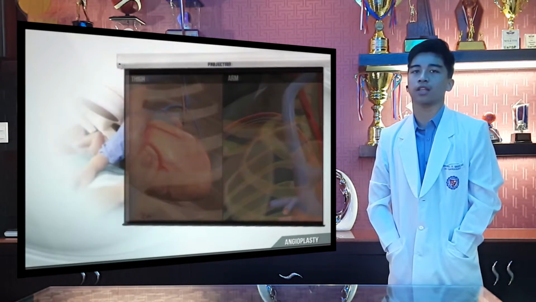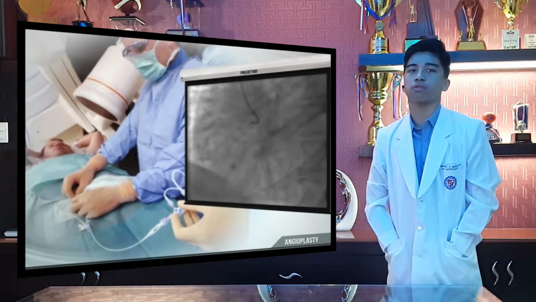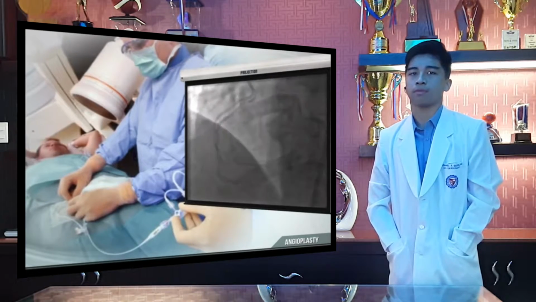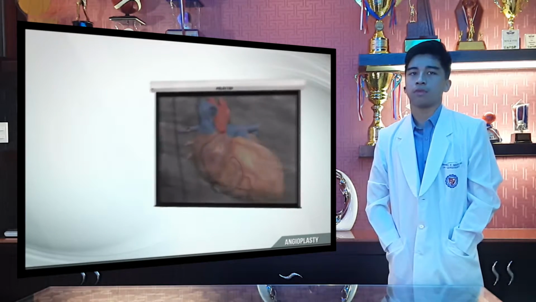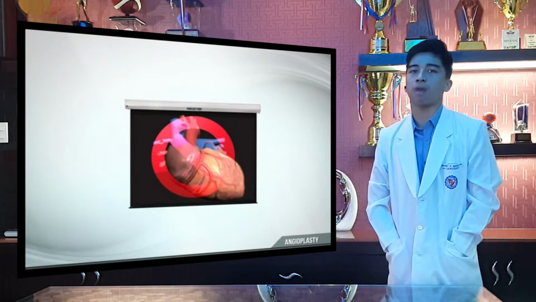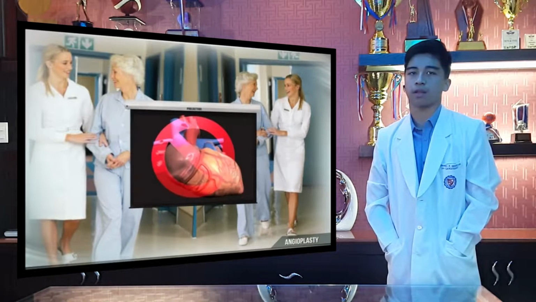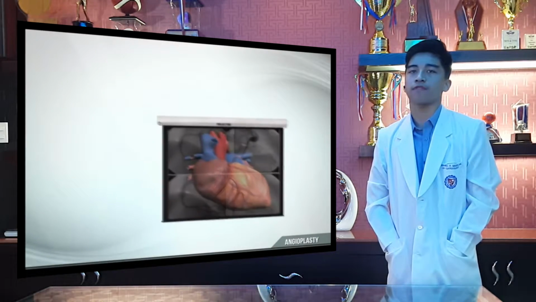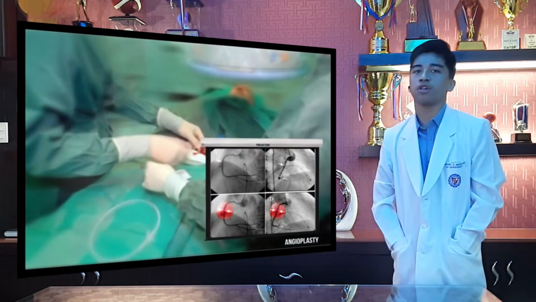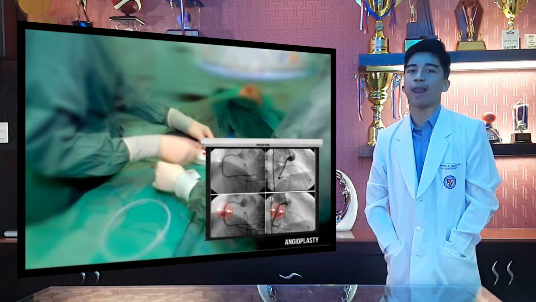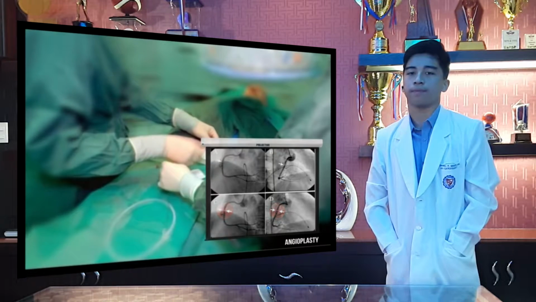A dye is injected through the catheter so that X-ray images of the heart blood vessels can be obtained. If the angiography does not show a blockage, the patient is allowed to go home after the test is complete. However, if the angiogram shows a blockage, the doctor will perform a coronary angioplasty after visualizing the details of the block.